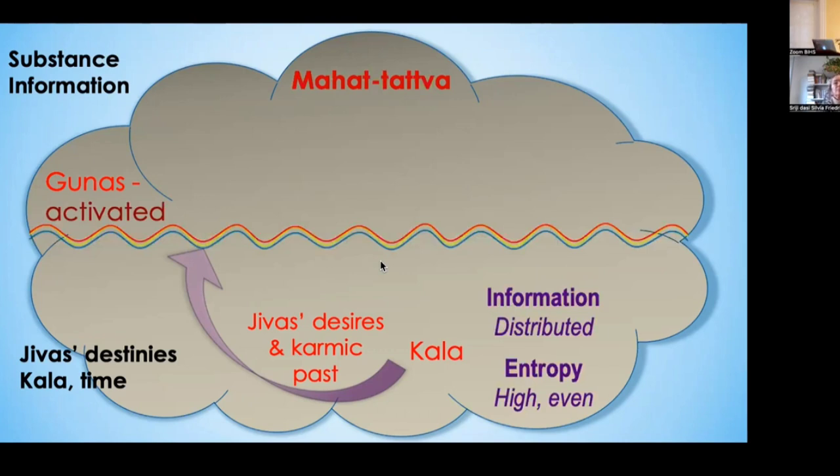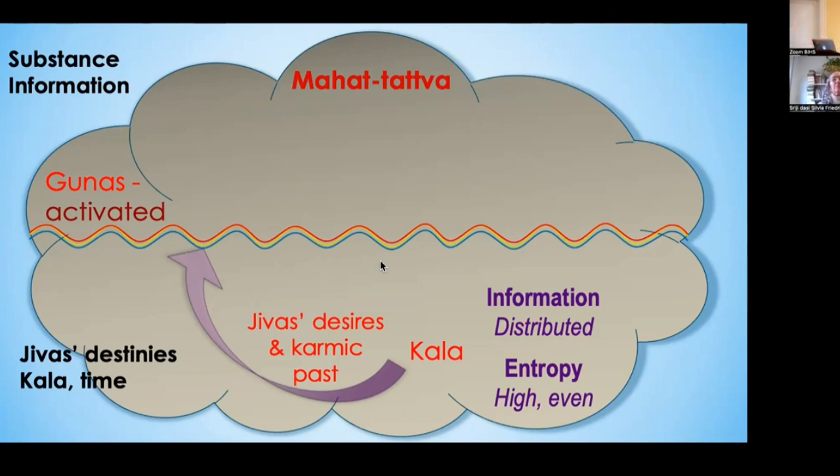And that creates now what's called the Mahatattva. The Mahatattva is causal because it is charged with the information and impetus allowed by Kala's interaction with the Gunas and full of all the jiva's desires, but it is distributed evenly.